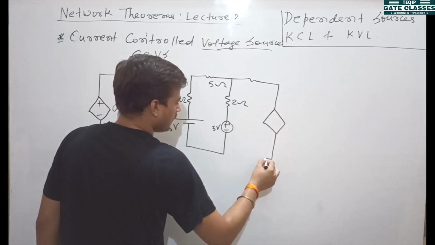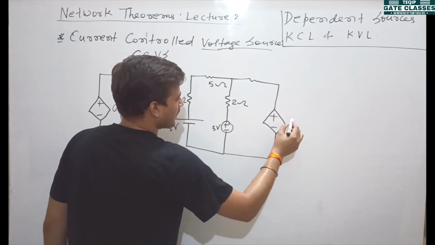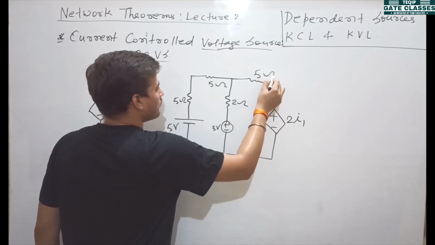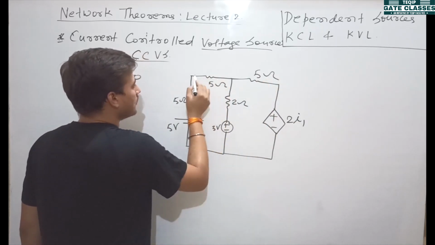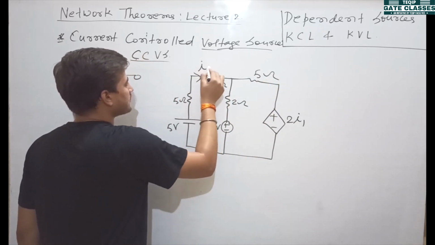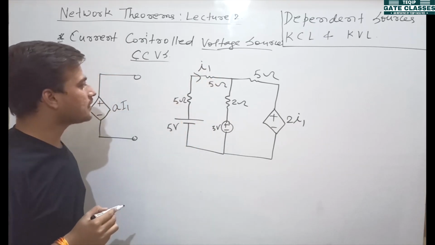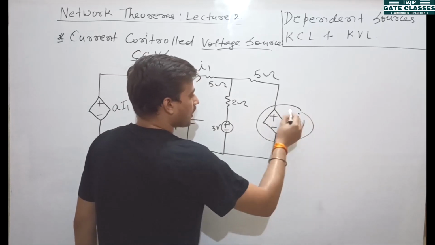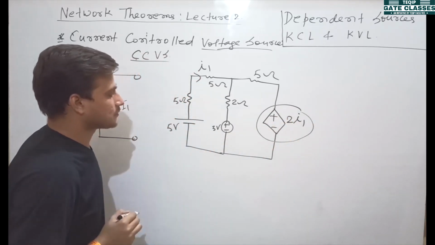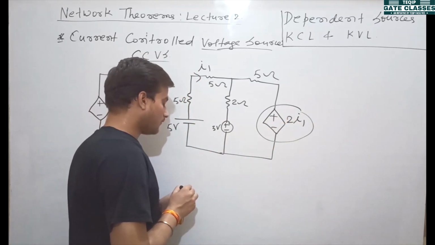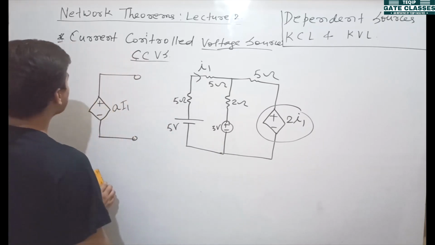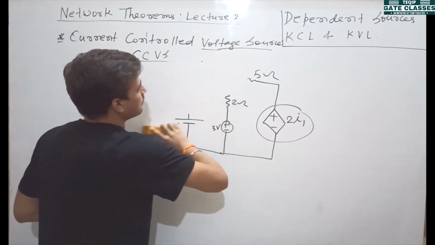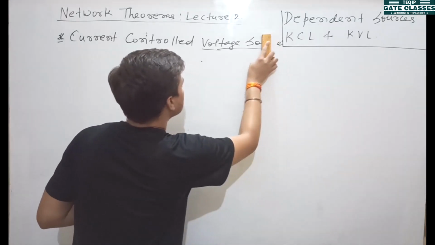Now you have a dependent source like this one, plus minus 2 I1, and here it is told that I1 is the branch current. So this is the example of a current controlled voltage source. Clear? Current dependent voltage source. Clear?